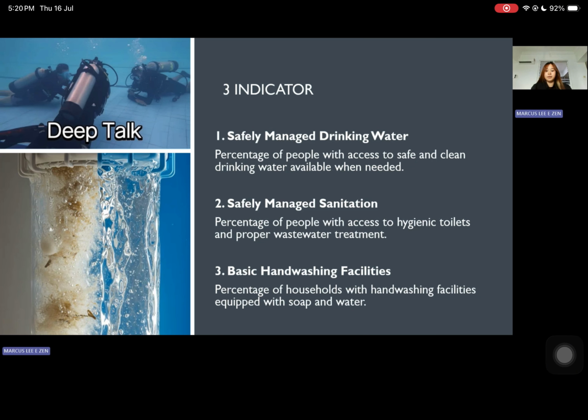The second is safely managed sanitation, which measures access to hygienic toilets and proper wastewater treatment. The third is basic hand washing facilities, which measure the percentage of households that have soap and water available for hand washing.